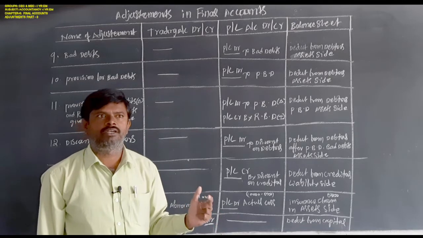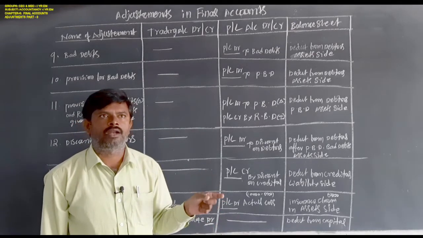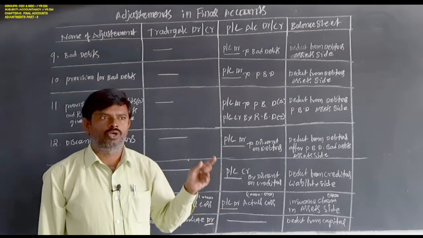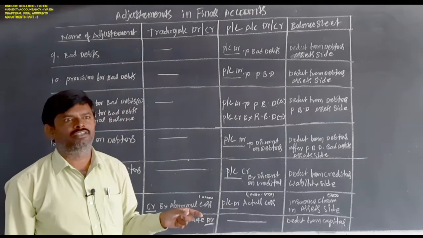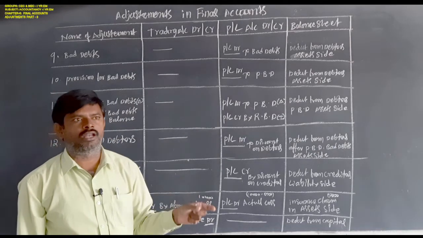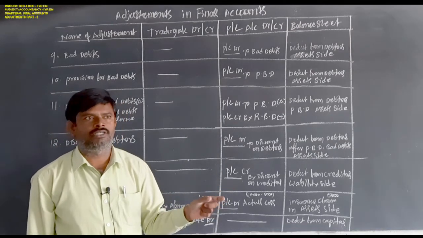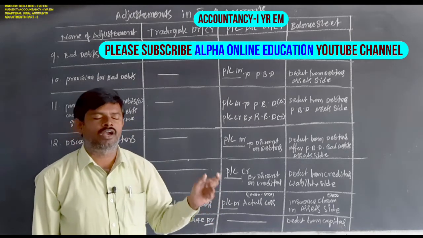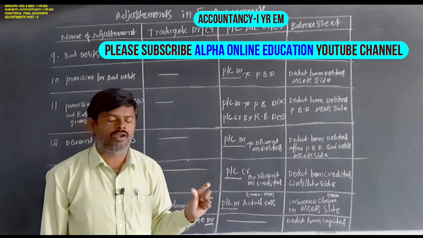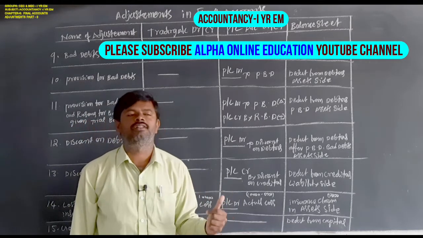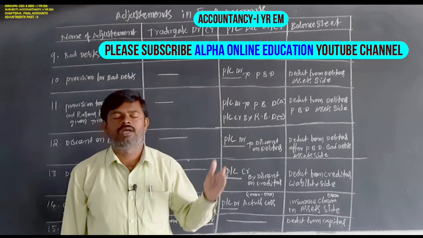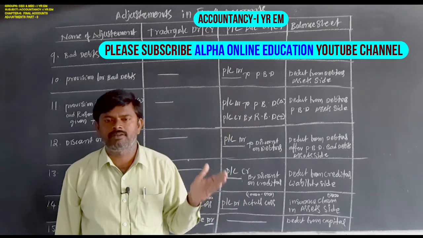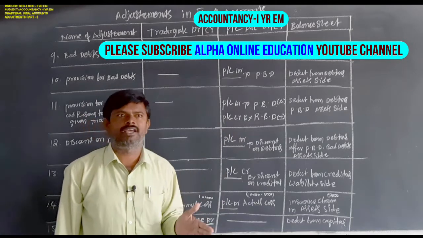So every adjustment must be verified after solving the problem, and then totaled. Each and every transaction must be recorded in trading account or P&L account or balance sheet, whatever it may be. Then total them, first trading account, next P&L account, next balance sheet. It is an easy step.